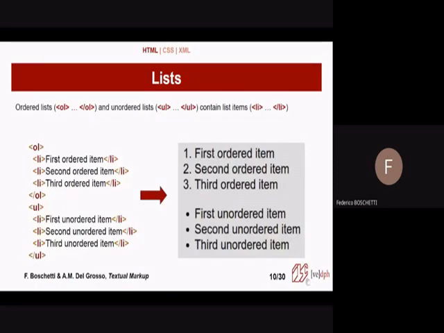So for example, the code that you see on the left is represented by one ordered list with 3 items and an unordered list with other 3 items.